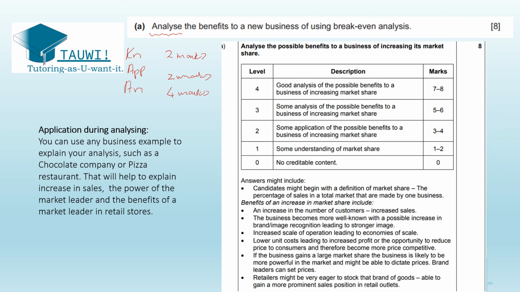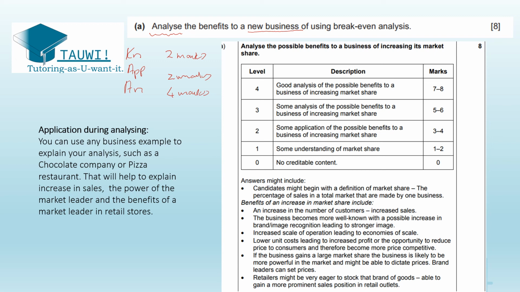Application. Application is now to a new business. So now you're going to apply your answers to a new business. So this business is brand new. They don't know exactly how much everything is going to cost them and where will they break even. So they need to get all the costs. I have to start getting costs because they're a new business.